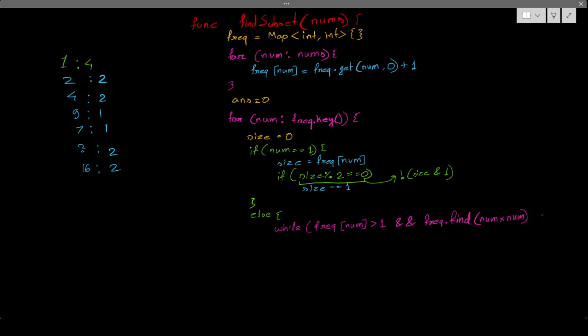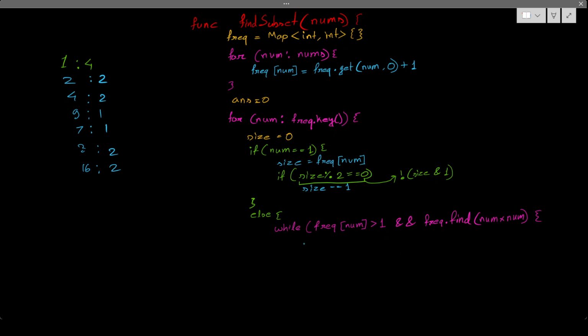If both are true, like if my count is more than 1 and the square of that number is also present in my frequency, as I told you, then we can simply increase the size by 2.